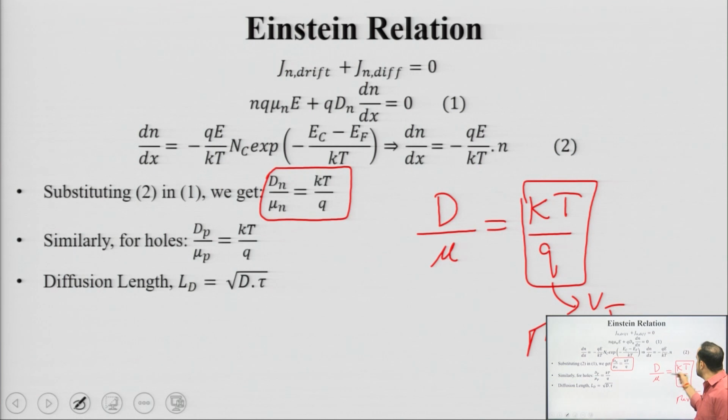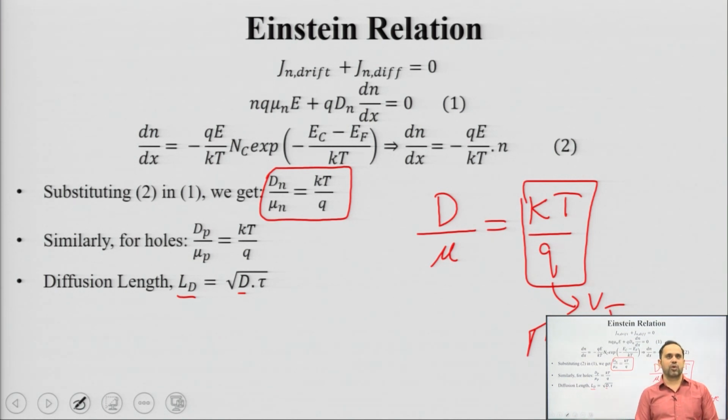So, D by mu is constant if temperature is constant, and this relationship is known as the Einstein relation and is valid for both electrons as well as holes, for both n type and p type semiconductors. You can also relate D with what is known as diffusion length. Diffusion length is the distance travelled by charge carriers before they annihilate.